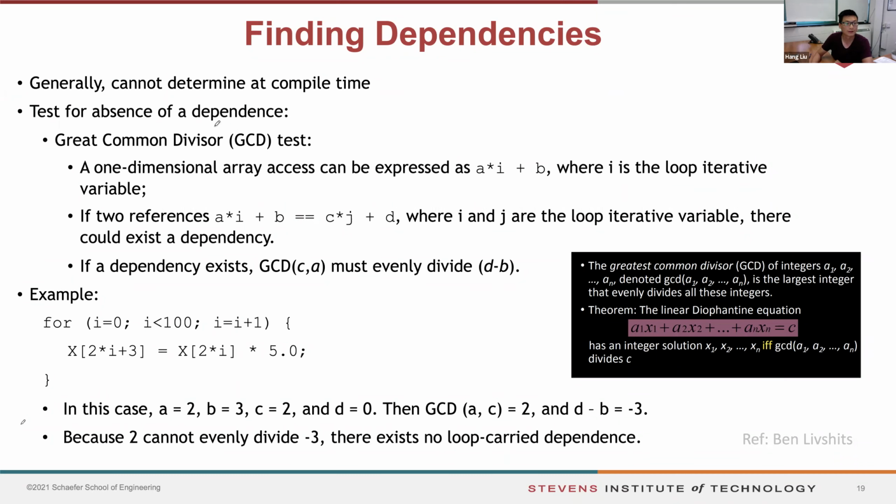The general rule is: for a one-dimensional array access of a*i + b, where i is the loop iteration variable, if two references a*i + b and c*i + d refer to the same element, then d minus b must be evenly divisible by the greatest common divisor of c and a.